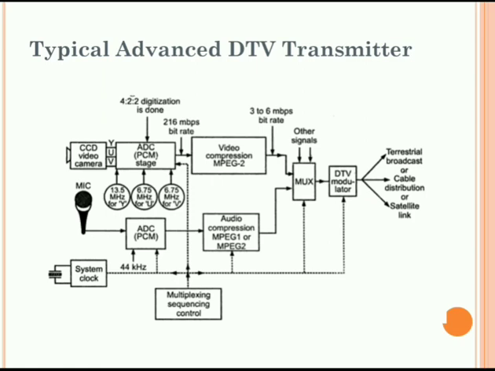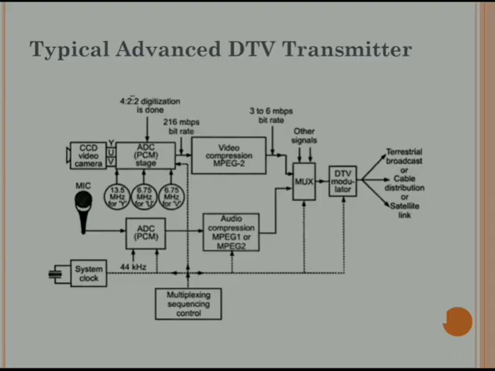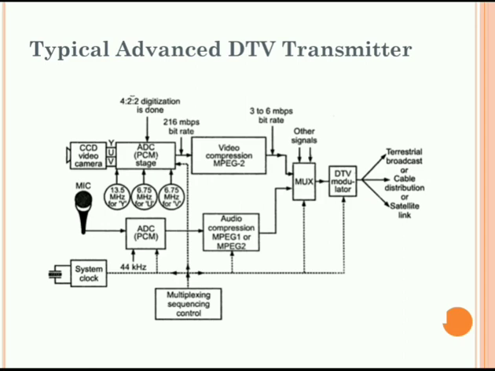The diagram shows a component encoded typical advanced DTV transmitter block diagram. In this particular component encoded advanced DTV transmitter, we are having a CCD video camera that is used for the generation of R, G and B signals, which we then convert to the analog Y, U and V signals.